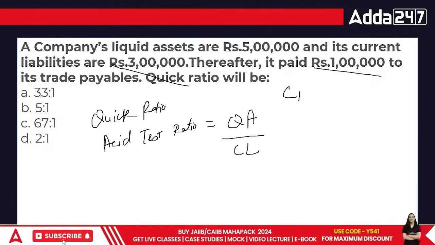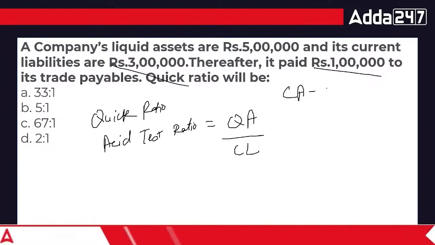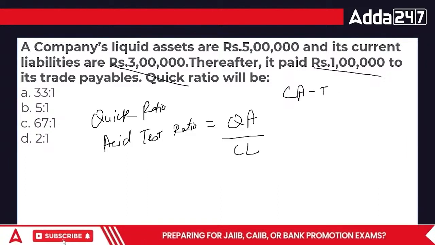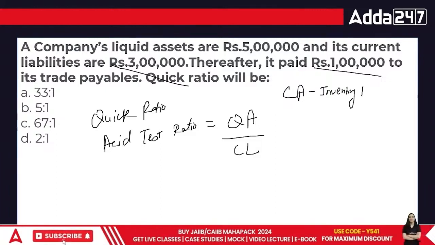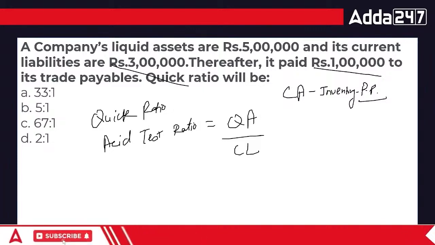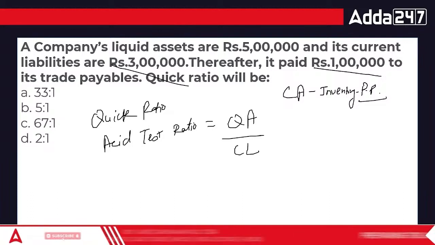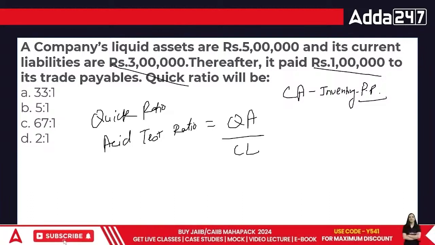It includes all the current assets except two things: first is your inventory and your prepaid expenses. Inventory is not included because it takes a lot of time. It is not sold within a day, so there is no point of fighting over it.